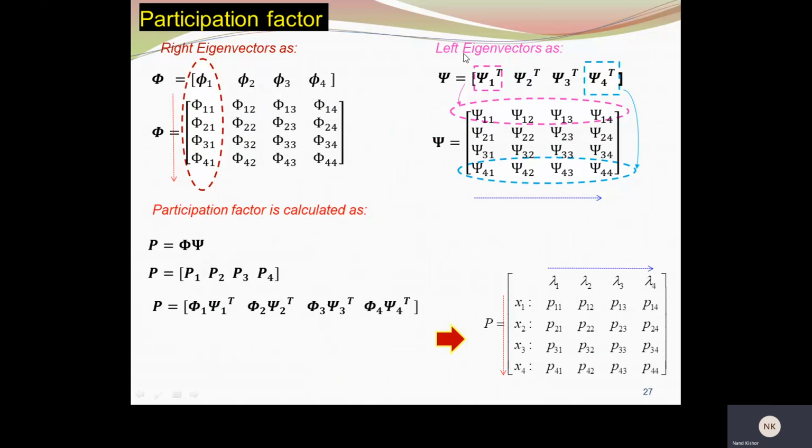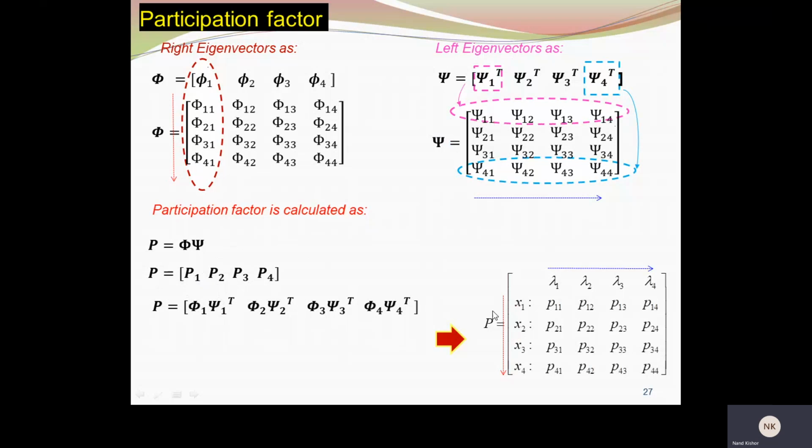And then similarly, you have left eigenvectors. That is the complete matrix here, psi 1 1, psi 1 2, psi 1 3, psi 1 4. And now how do we calculate the participation factor? It is the product of the right eigenvector and the left eigenvector. In the complete matrix form, we write it in this way: P1, P2, P3, P4. And what is P1? It is nothing but the product of the first right eigenvector and the first left eigenvector here.